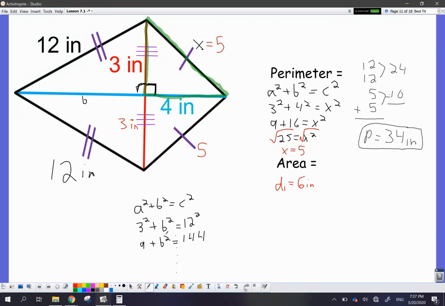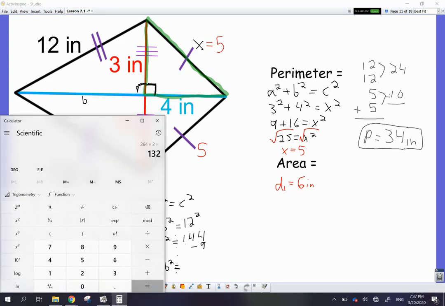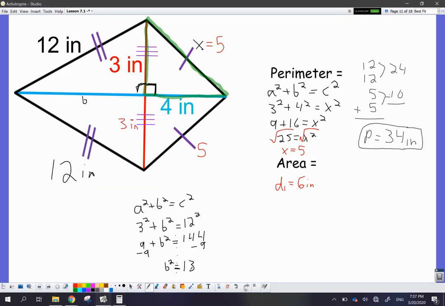Now this time, since my b squared is on this side, I'm going to subtract 9 from both sides so that I get b squared by itself here. 144 minus 9 is 135. Now that's b squared, so I take the square root to get b.